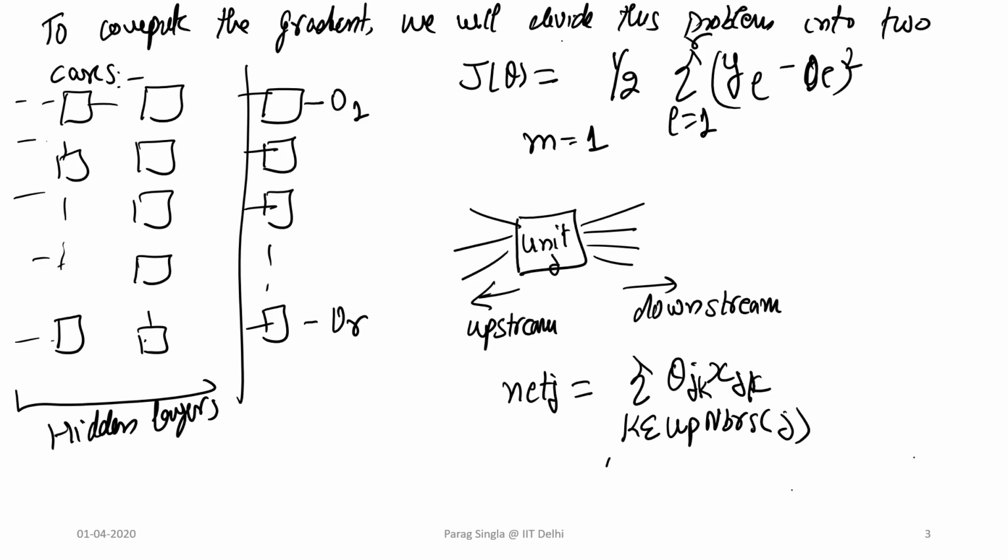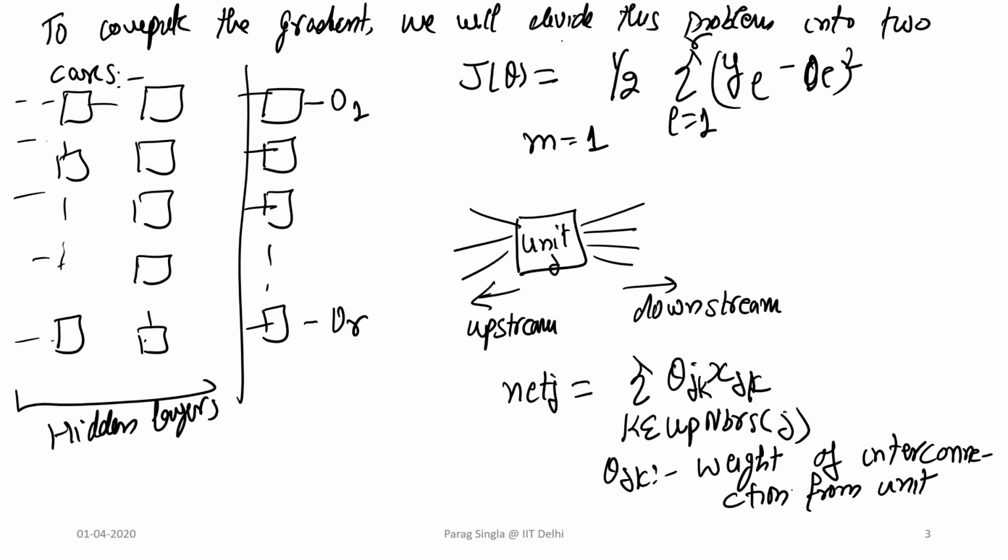Here note that theta jk is the weight of the interconnection from unit k to j, and similarly xjk is the input going from unit k to j.